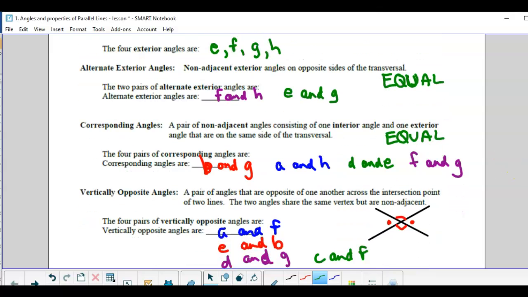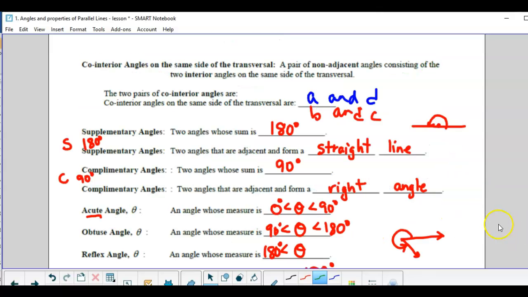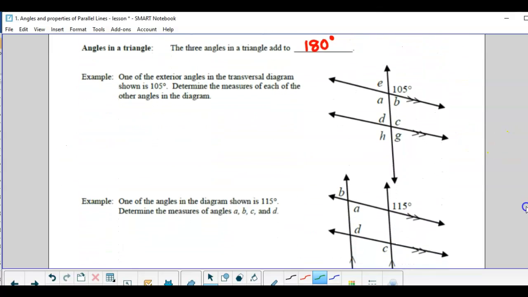When we have vertically opposite angles, they are equal. The only property that's not equal are these ones. These are supplementary, so they add to 180. Now that's going to help us with these questions here.